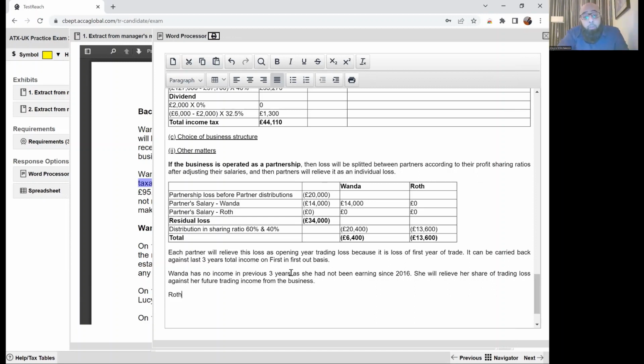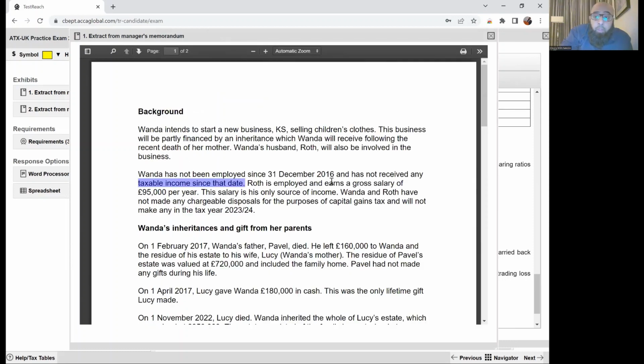Rod can relieve his loss against his total income of the previous 3 years, as he is employed and earns a gross salary of 95,000 every year.